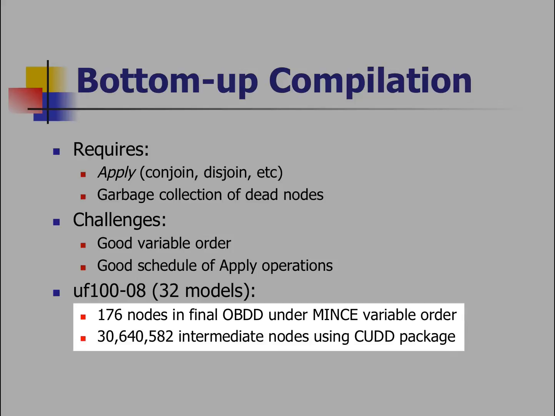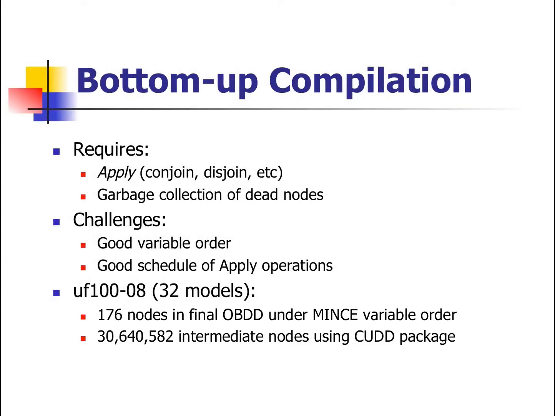And this again could perhaps be reduced if one sequences the apply operations a little bit differently, but it does highlight one of the challenges that exist in bottom-up compilation. And this particular challenge actually is alleviated when one uses top-down compilation, but this is outside the scope of this particular tutorial.